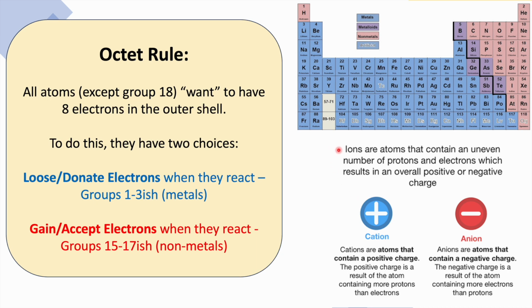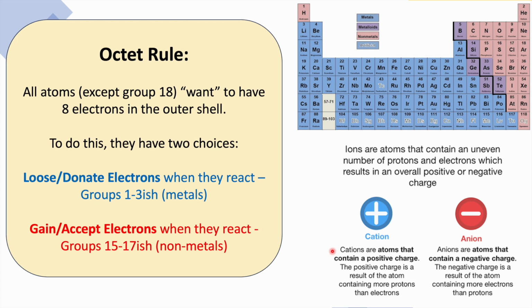When atoms gain or lose electrons, they become ions. Ions contain an uneven number of protons and electrons, which results in an overall positive or negative charge. So when a metal loses electrons, like sodium, which we've been talking about, loses one electron, the sodium atom becomes a sodium cation.